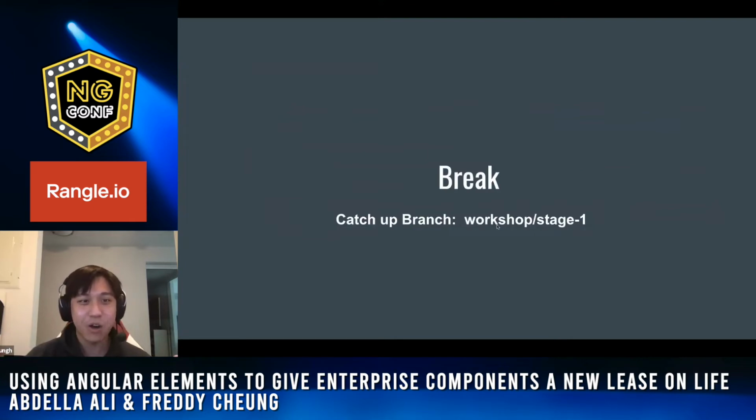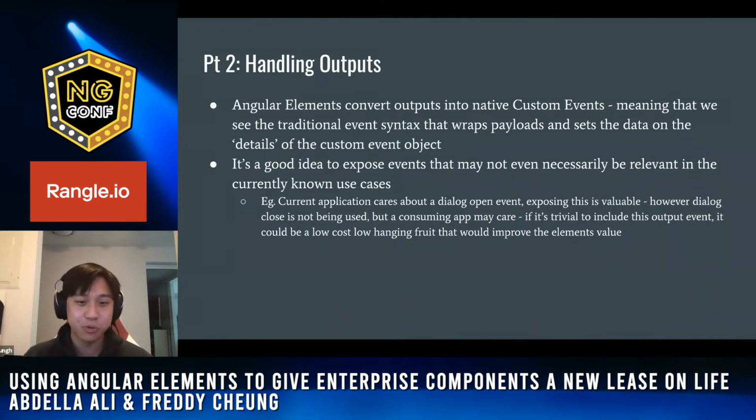So right now, our state of the branch should be what stage 1 is. And if we didn't have a chance to make it look like stage 1, it's totally fine. Right now, we can just check out stage 1. And our next goal is to turn stage 1 into what the stage 2 branch is. And let's talk a little bit about output. Angular elements will convert your outputs into native custom elements.